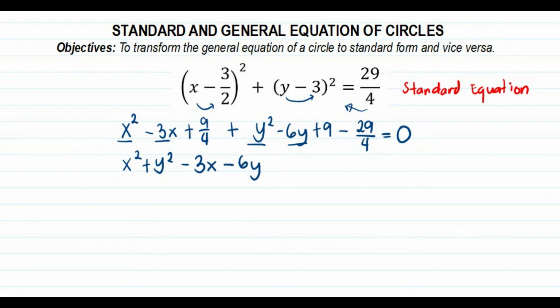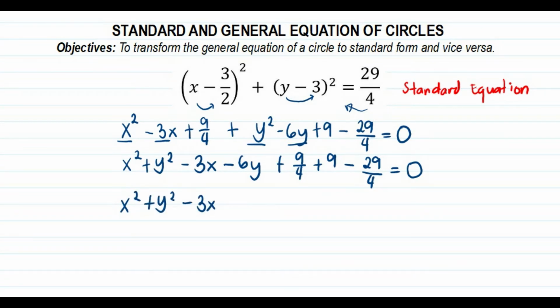And then combine the constants. 9 fourths plus 9. Okay. Minus 29 over 4 equals 0. And then, copy again, plus y squared minus 3x minus 6y.